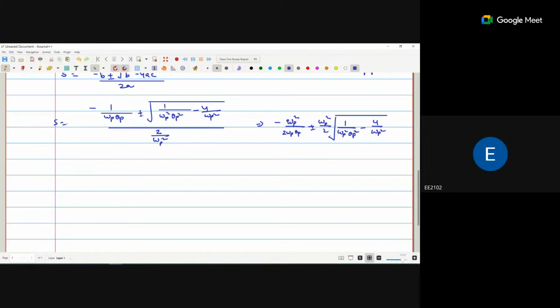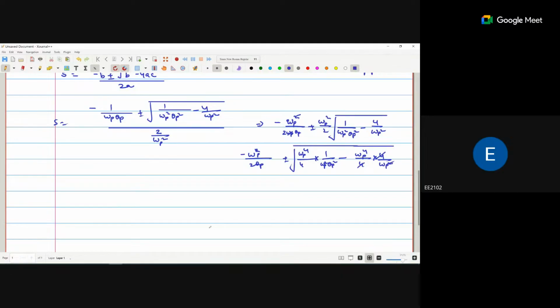Okay, and if I take it inside, omega p cancels out, so it becomes minus omega p upon 2 qp plus minus. Now this omega square, when I take it into the square root, becomes omega p power 4 divided by 4 multiplied by 1 upon omega p square qp square, minus omega p power 4 divided by 4 into 4 upon omega p square.